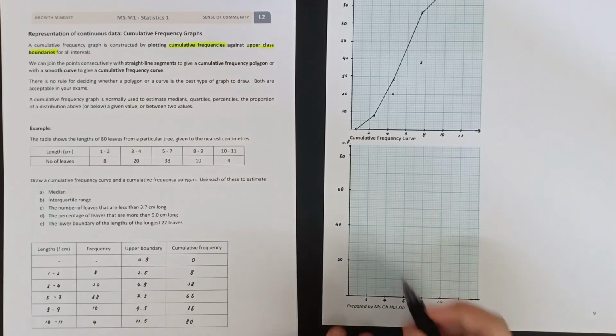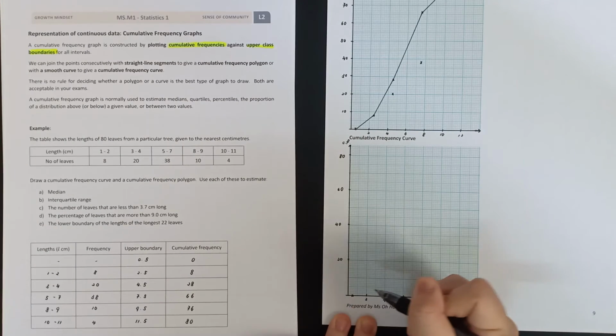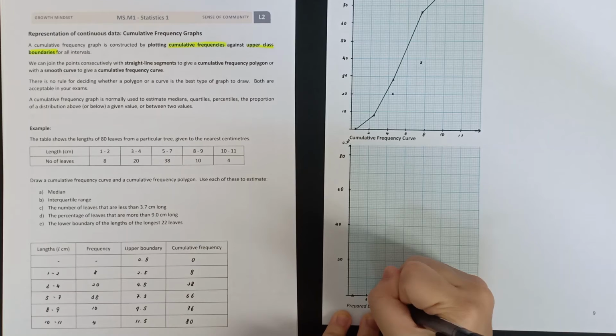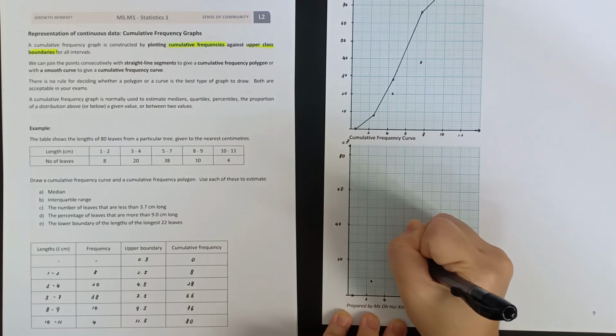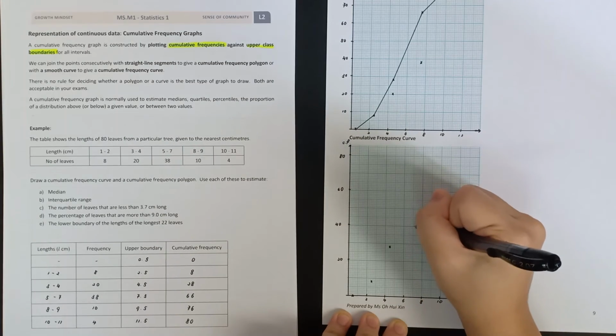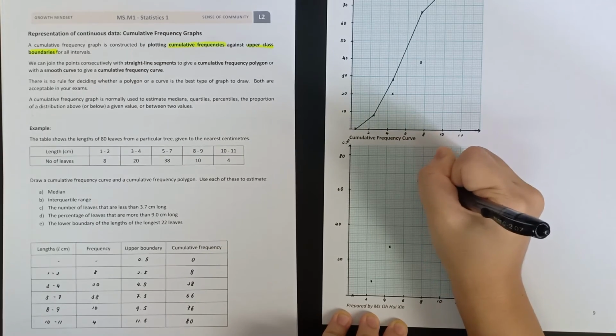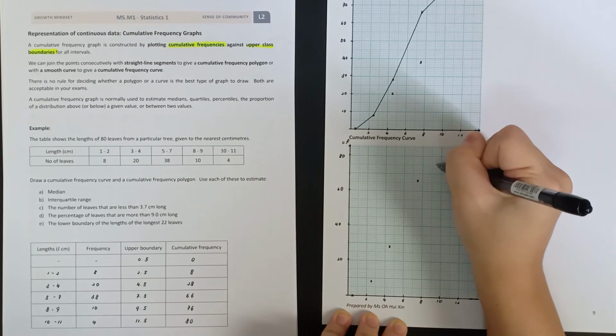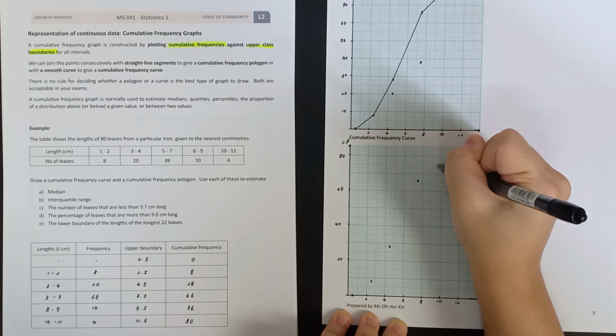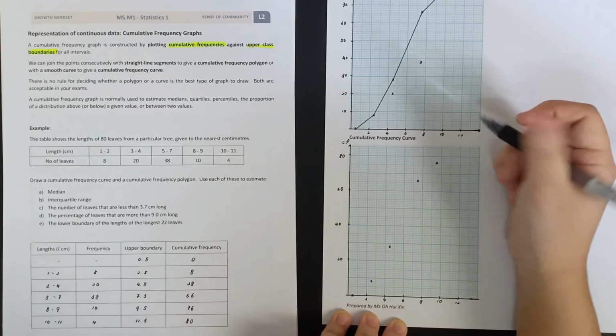Remember cumulative frequency, 0.5, 8, 28, 66. And then 76.